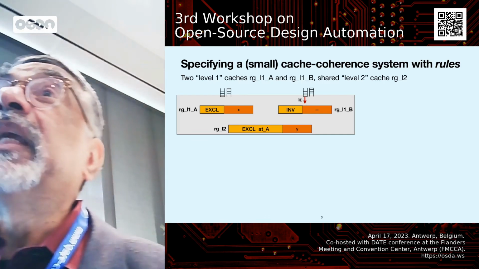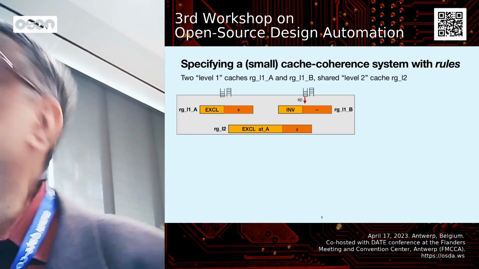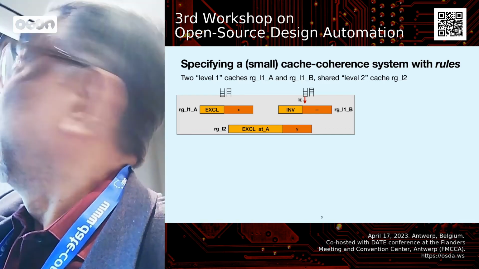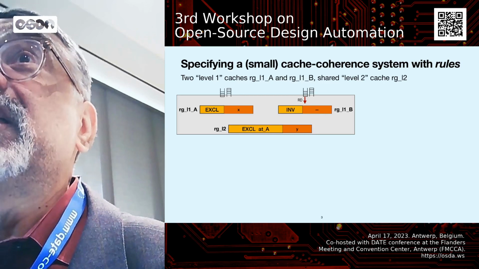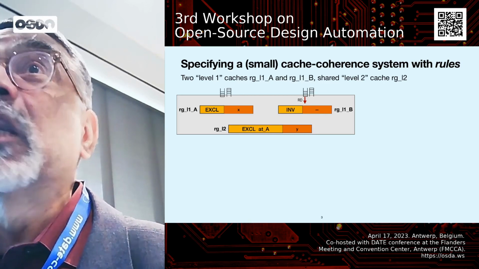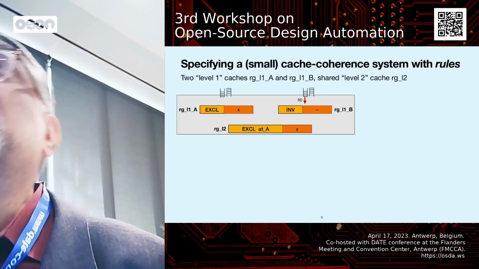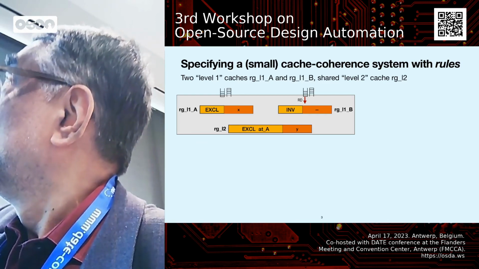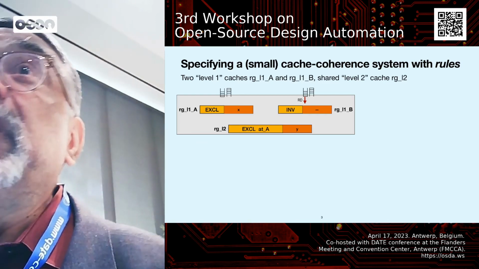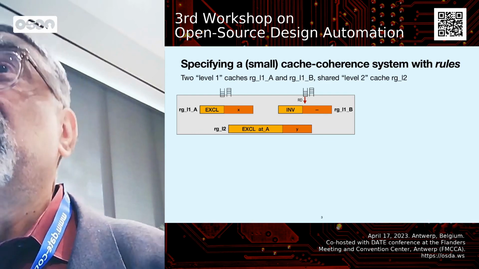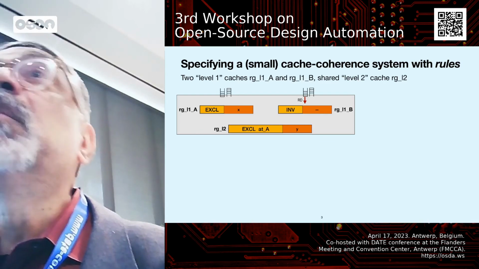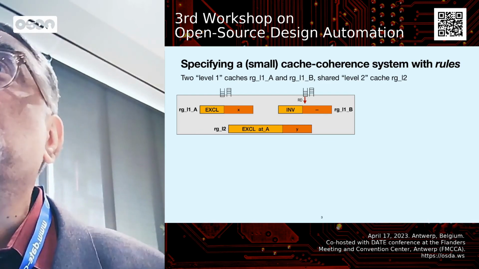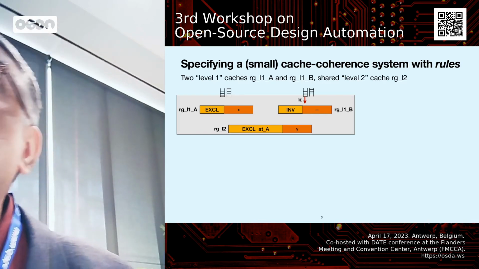So let's imagine this is the initial state of the system, where L1A has the data X in exclusive mode. Maybe it recently did a write onto the data. It's invalid in L1B, and L2 just has a notation that it's available in exclusive mode in A, and perhaps has an old value Y in it.